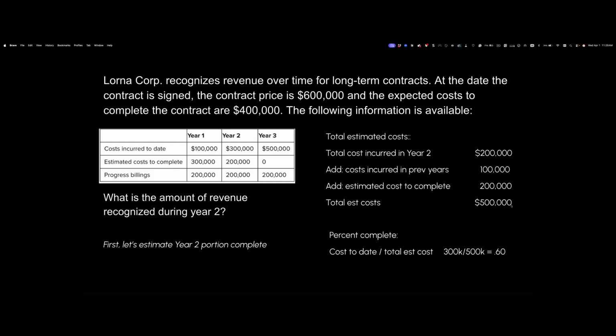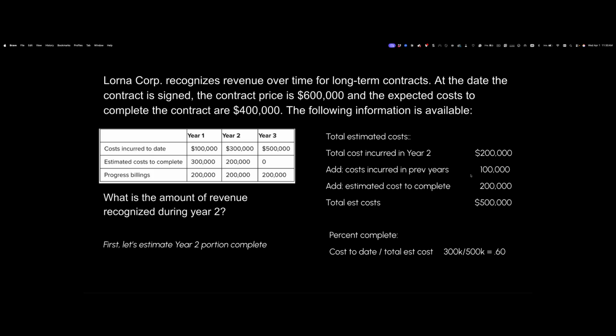Now let's move on to year two. Let's estimate the year two portion that's complete. Well, we had an additional $200,000 of costs that we incurred in year two. We add the cost that we incurred in year one, the $100,000, so that gives us $300,000 cost incurred to date, plus the $200,000 that we estimate we're going to have in year three, for a total of $500,000.